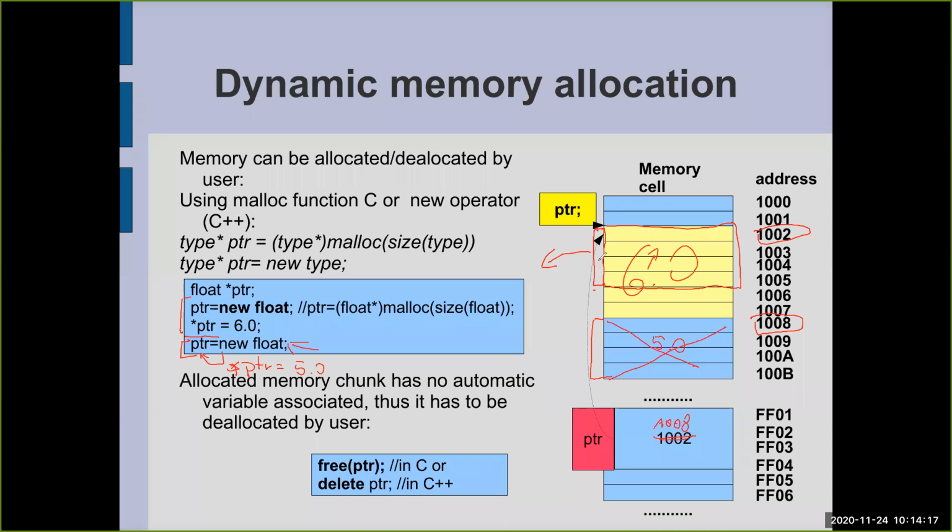Because the pointer was the only place where we stored information about the address of this area. So look, this area is still allocated, so it exists, and the compiler treats this place as reserved. The value 6.0 is still stored there, but I can't read it.